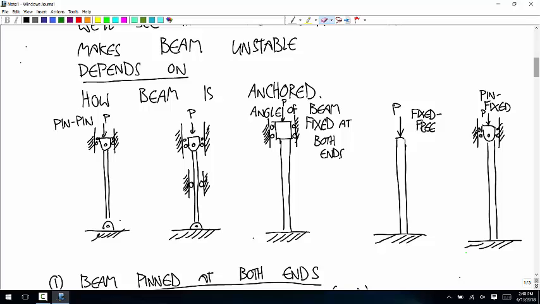It goes from being stable, meaning if you nudge it out, that bending moment forces it back up into vertical position, to being unstable, where you nudge it out a little bit and the bending moment isn't enough to counteract that force. You look at it and it falls over.